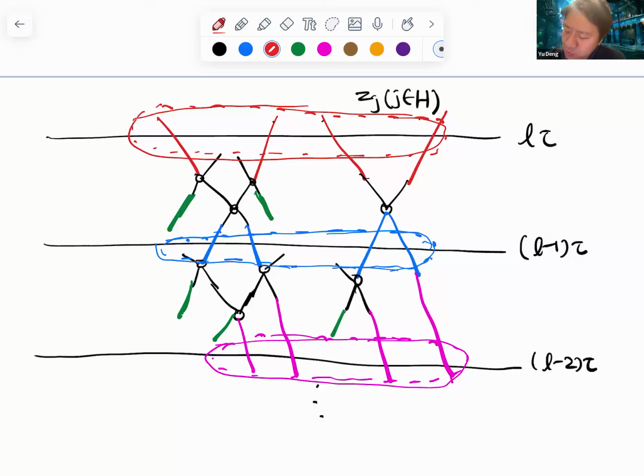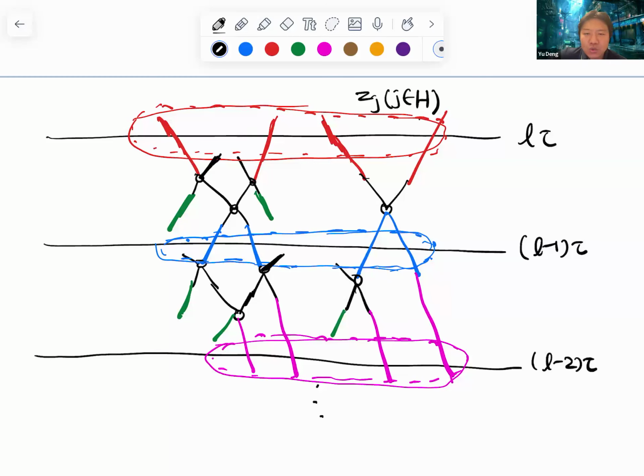So for example, you have these red particles whose final state is whatever they have at time L tau. But then there are also other particles that go this way. This is not a red, it's not the root particles, but it's something that's introduced in the collision in layer L. And you have these particles which are introduced in the collisions in layer L minus one and so on.